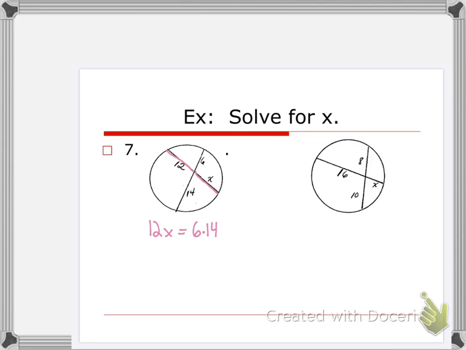Six times 14 is 84, equals 12x. Divide each side by 12. 84 divided by 12 is 7, so x equals 7.